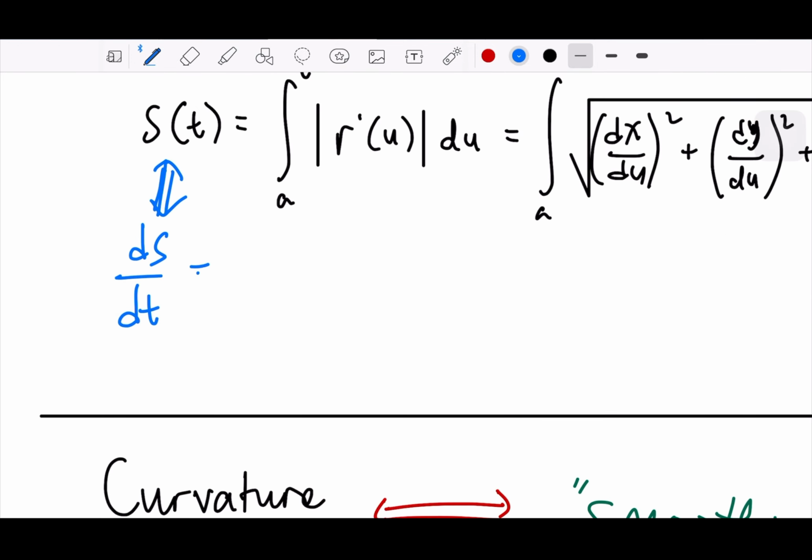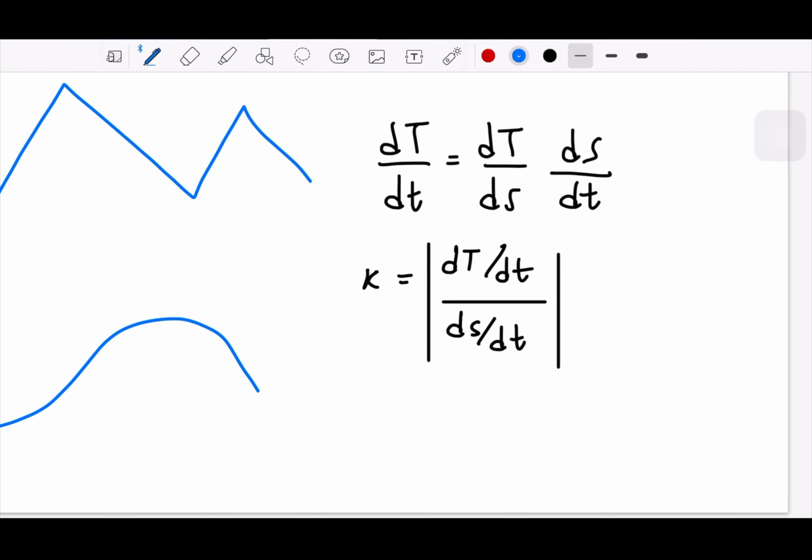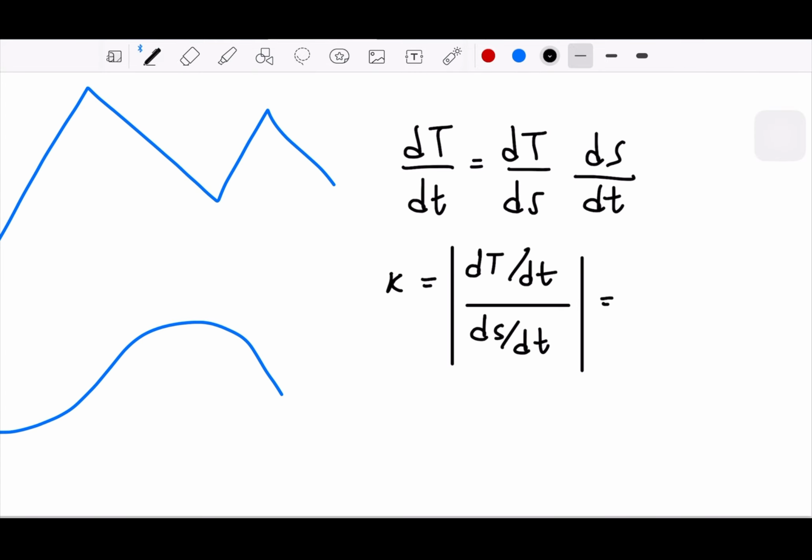So ds over dt we can write as this, this is T prime, and this will be r prime of t.